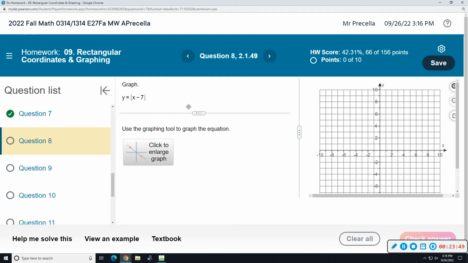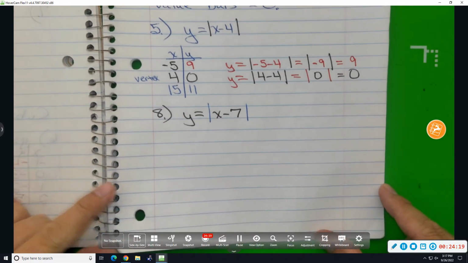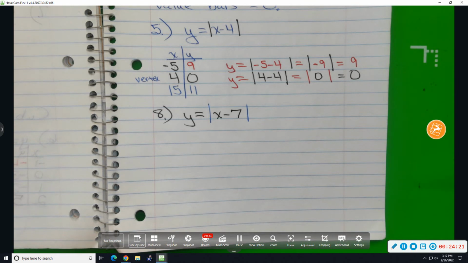So let me write the problem down. This is number 8. Y equals the absolute value of x minus 7. The first thing I would do is determine where the vertex occurs, because that's going to be the first point they want you to plot with these absolute values.